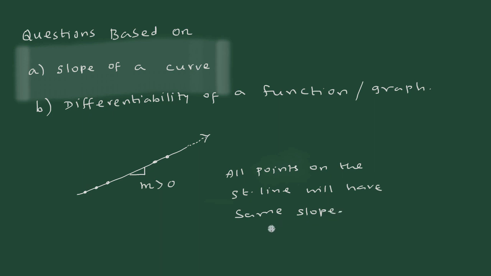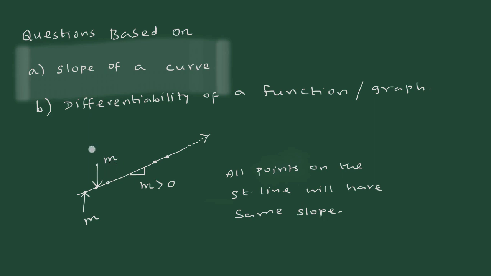This is the important point. You take any point on the straight line and calculate the slope, it will have the same value, equal to m. The slope at this particular point is m, and the slope at this other point is also the same m. It is not a different m.